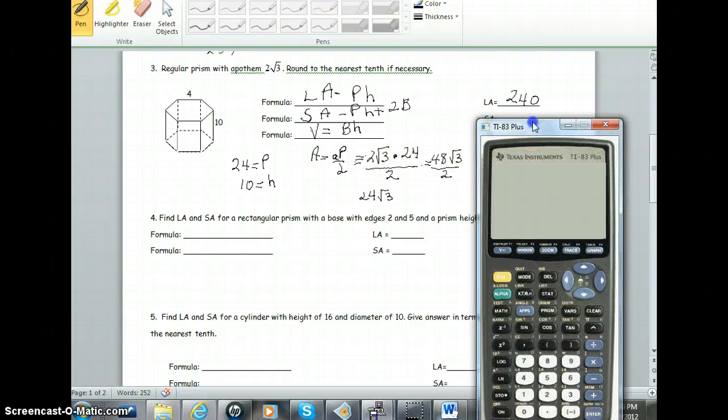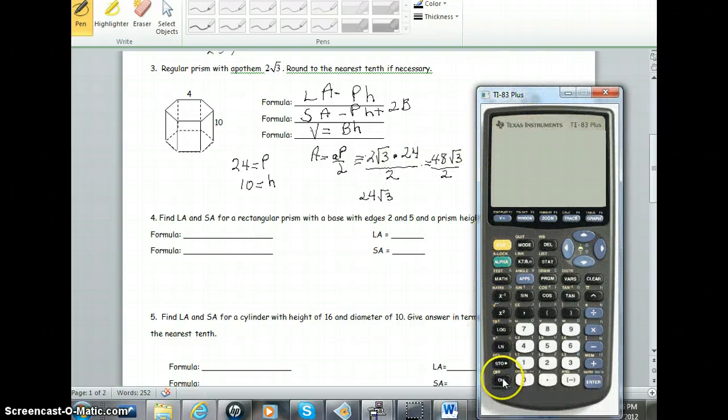So 24 times root 3: turn the calculator on, enter 24 times, use the second button to get to the root 3, and close the parentheses.